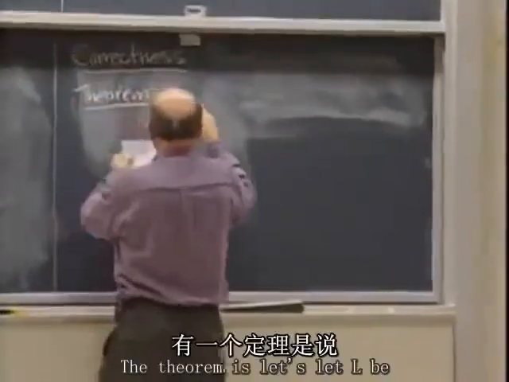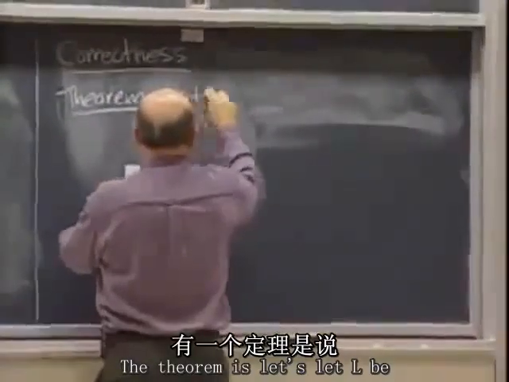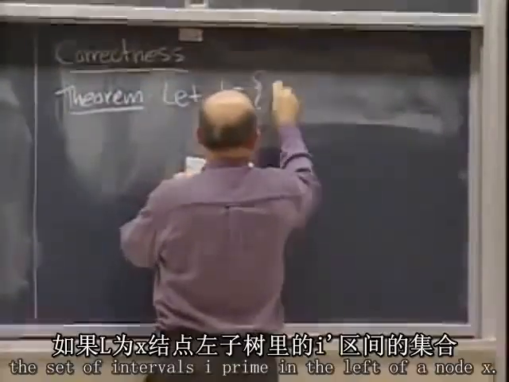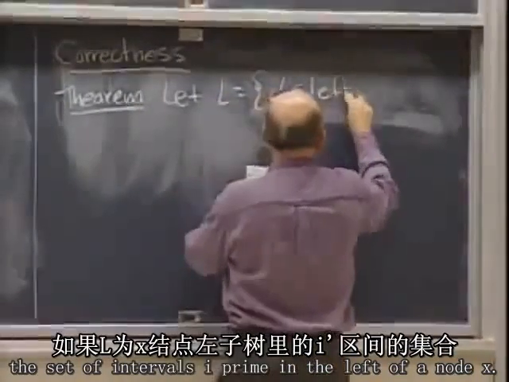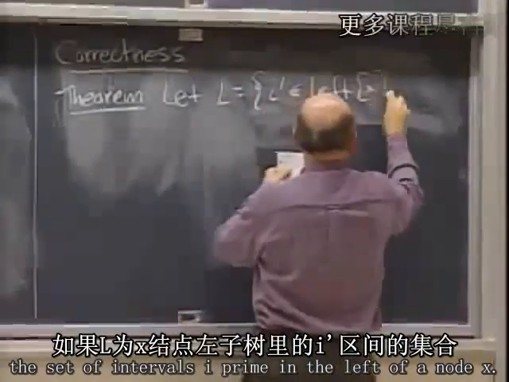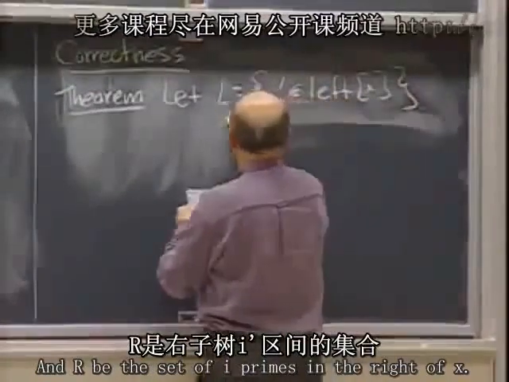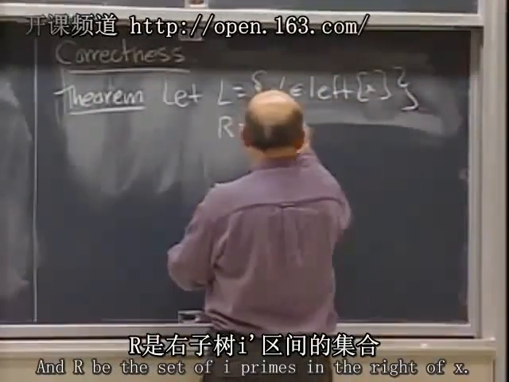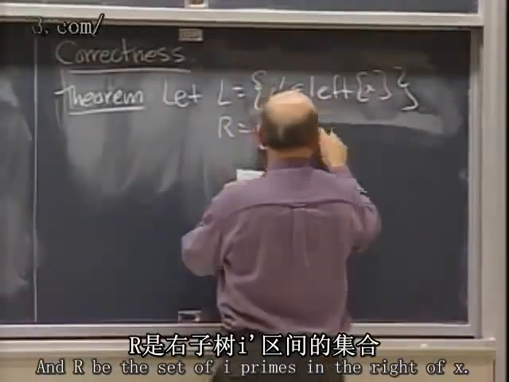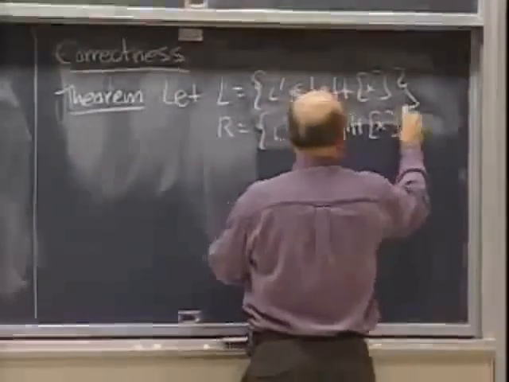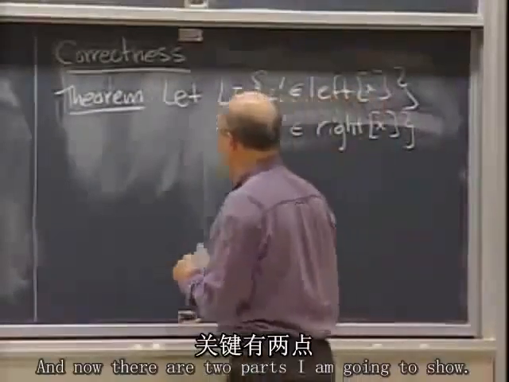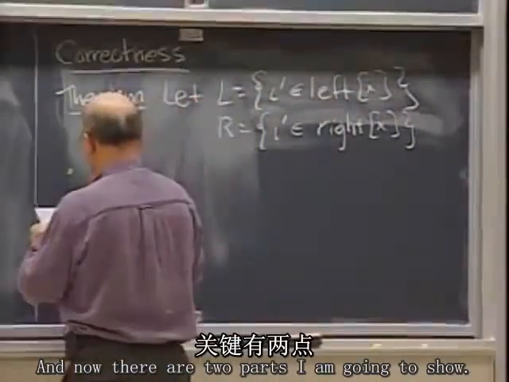The theorem is, let L be the set of intervals I prime in the left of a node x, and R be the set of I primes in the right of x. And now there are two parts I'm going to show.